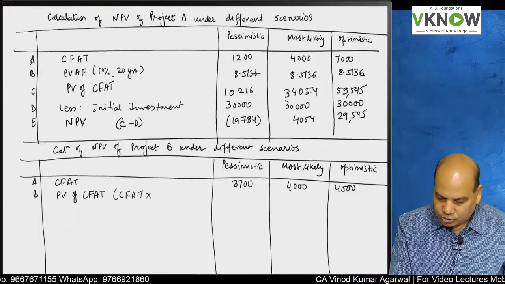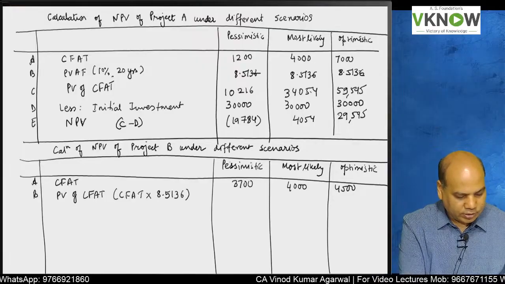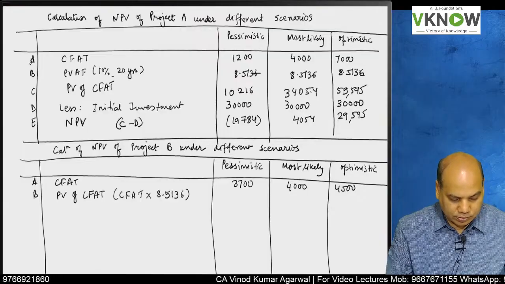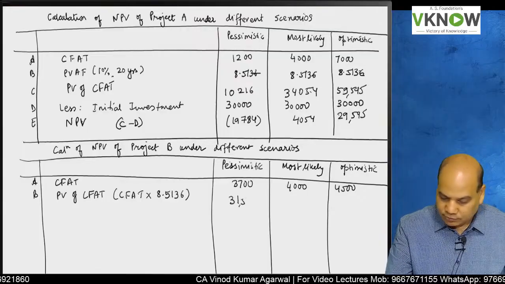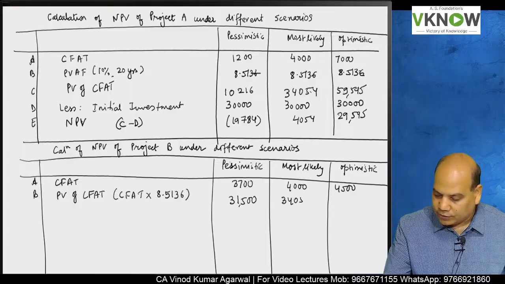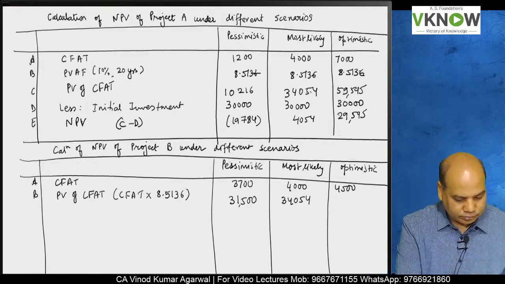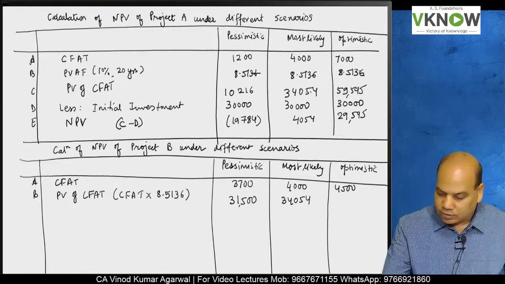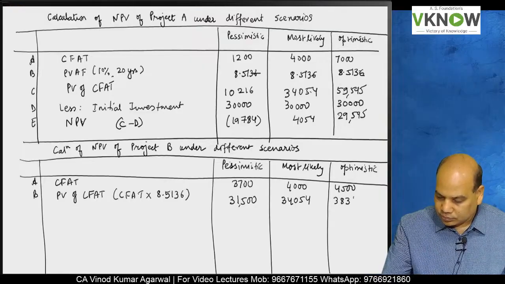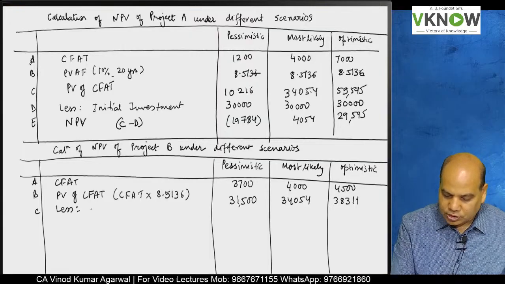CFAT into 8.5136. Okay, 8.5136 into 3700. So you are getting 31500. This will be same, 34054. And the last one, 38311. Point number C, less initial investment.